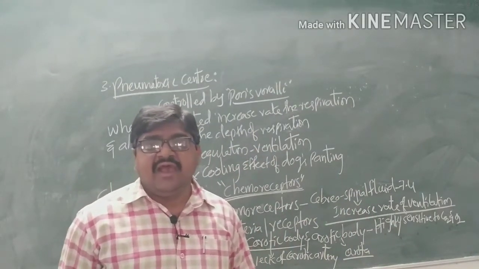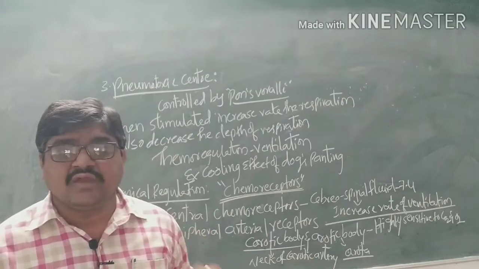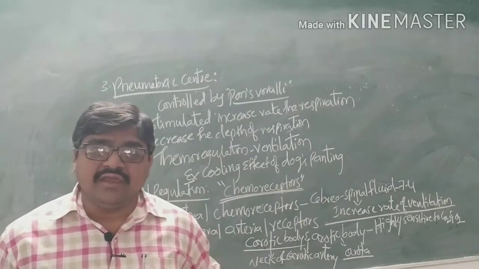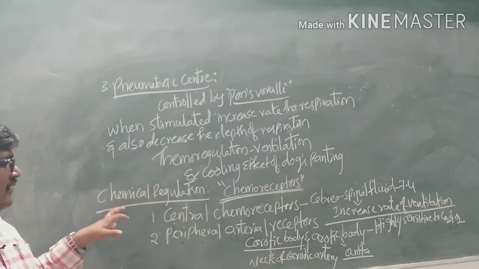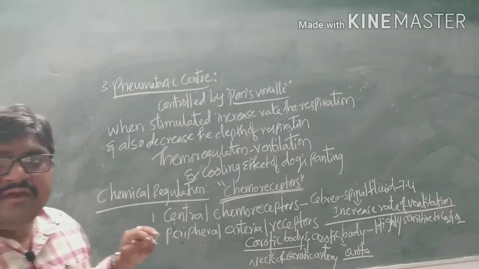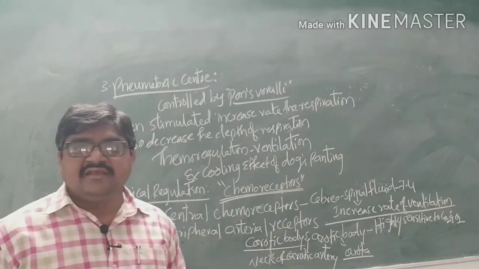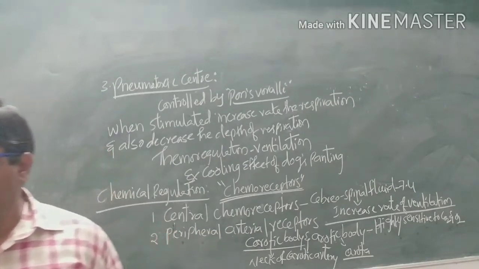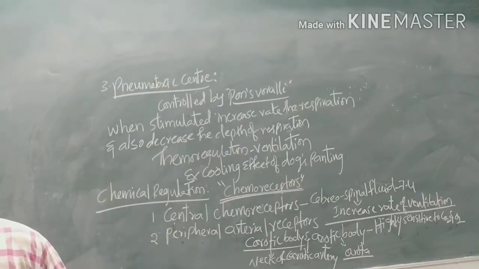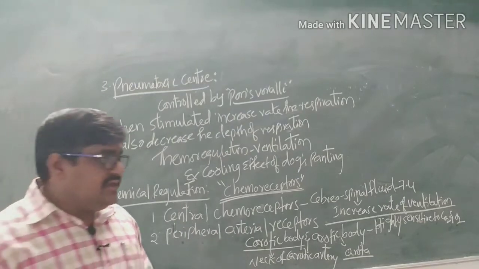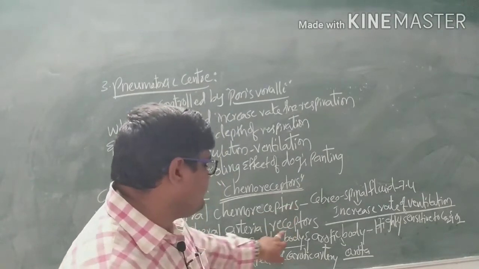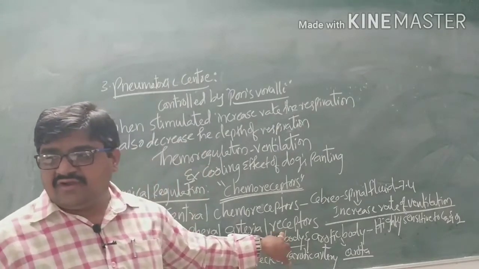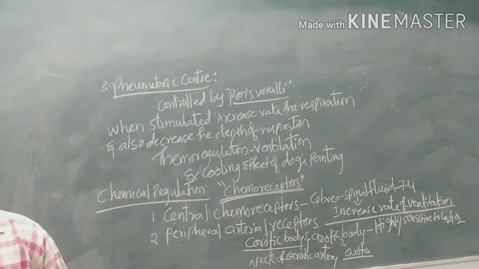So there are two types of regulation of the body in respiration. One is nervous regulation, and the second is chemical regulation, which alters the rate of respiration.